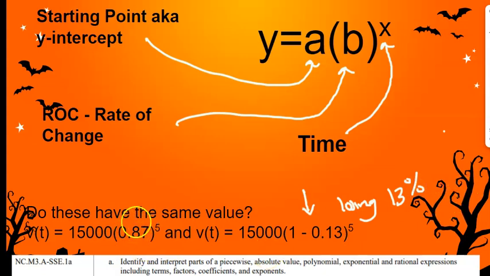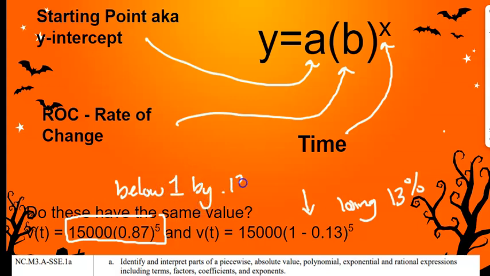In the other version, you don't see the 13, but you need to be able to recognize: if I'm under 1.0, I'm losing something, I'm decreasing. And how far am I under 1.0? I'm 0.13 below. I'm below 1 by 0.13. Both of them are saying the same thing. It's just a different way of stating the same thing.